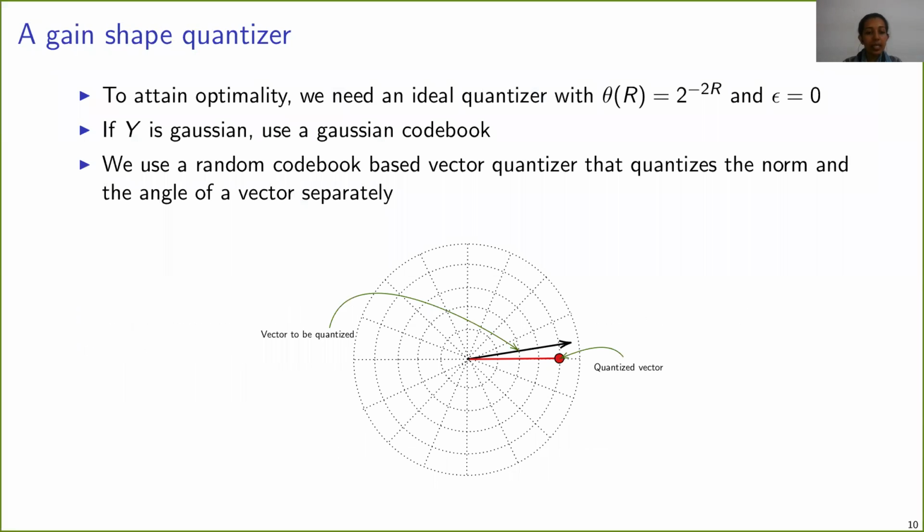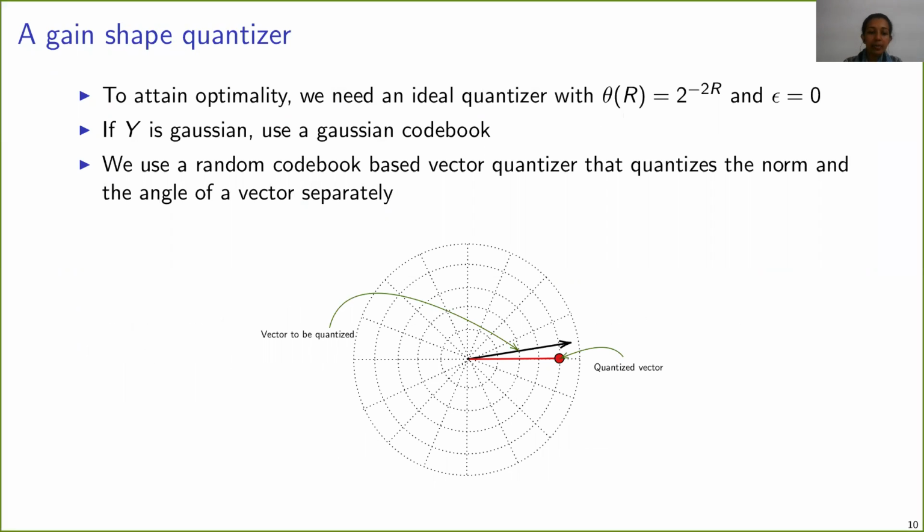Next, we see the particular realization of the theta-epsilon quantizer that we use in our work. Our studies showed that in order to attain optimality, we need an ideal quantizer with the multiplication factor theta as 2 to the power minus 2R and the additive error epsilon square as 0.